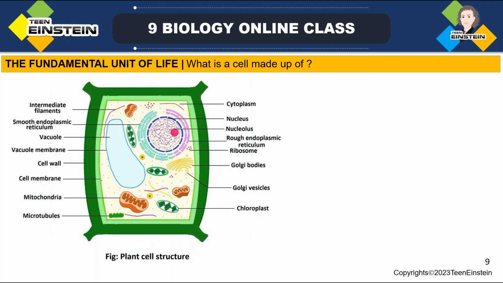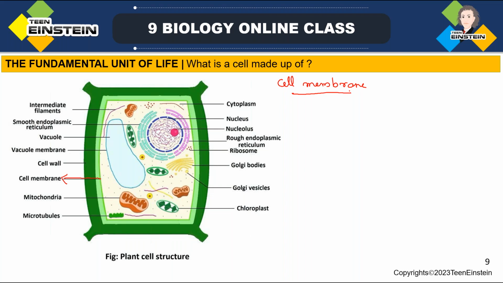Here you can see the cell membrane. So what is a cell made up of? A cell is made up of cell components, which are called cell organelles. Now we are going to learn about each and every cell organelle very clearly.